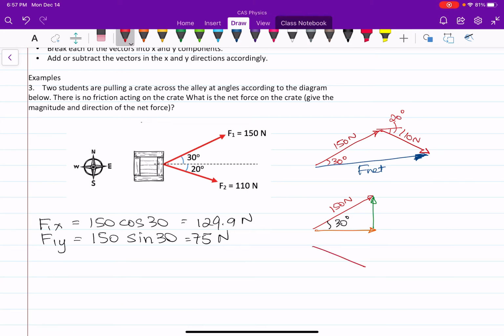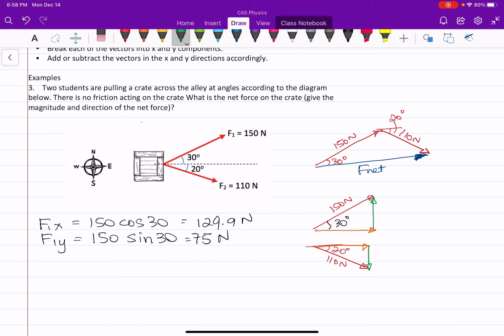All right, so then looking at the next vector, we've got 20 degrees, and this is 110 newtons. Hang on, let me redo this. So this is 110 newtons, and then the angle is 20 degrees. Let's be careful about this, and think in terms of directions. The x component is pointed in the positive x direction, but the y component is pointed in the negative.